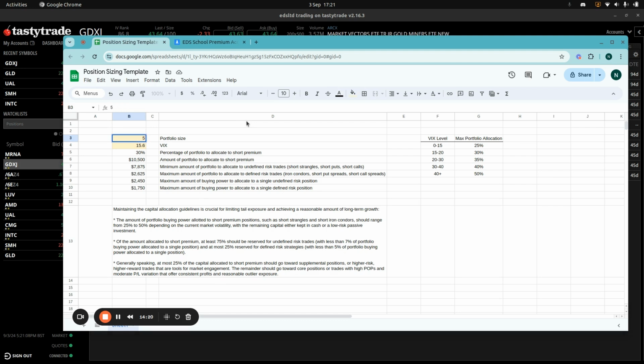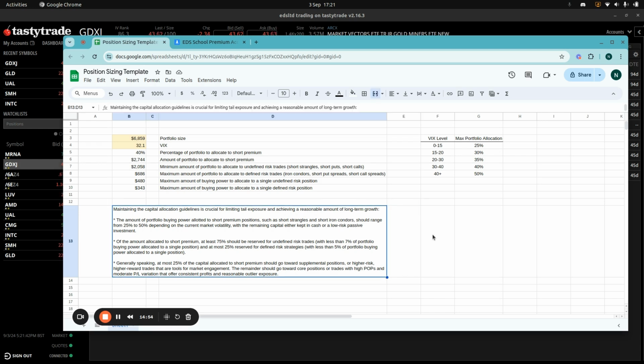So let's say your portfolio is $6,859 and the VIX was currently at 32.1. Everything below would then be automatically calculated for you. All you need to do is then just follow what's written here and use this as the backbone of your portfolio. Use it as your guidepost, and of course there is an explanation below, so you know what all the numbers mean and how everything's being calculated.